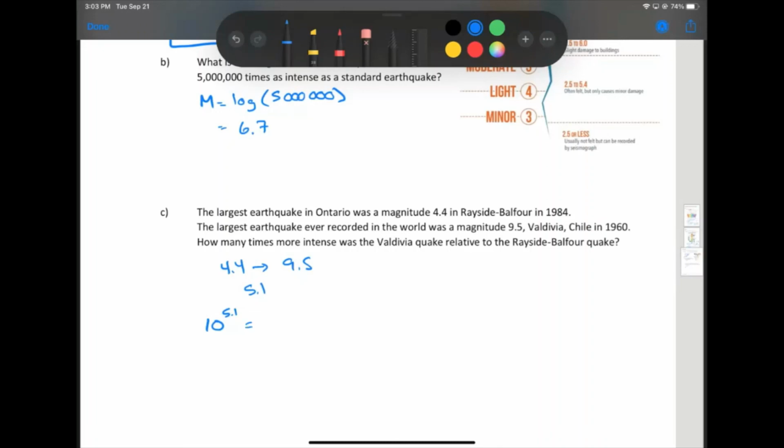And when we punch that into our calculator, 10 to the 5 is 100,000. But 10 to the 5.1 gives us 125,893 if we round off to a whole number. So that means that the world's largest earthquake shook with over 125,000 times the intensity of the largest earthquake in Ontario.